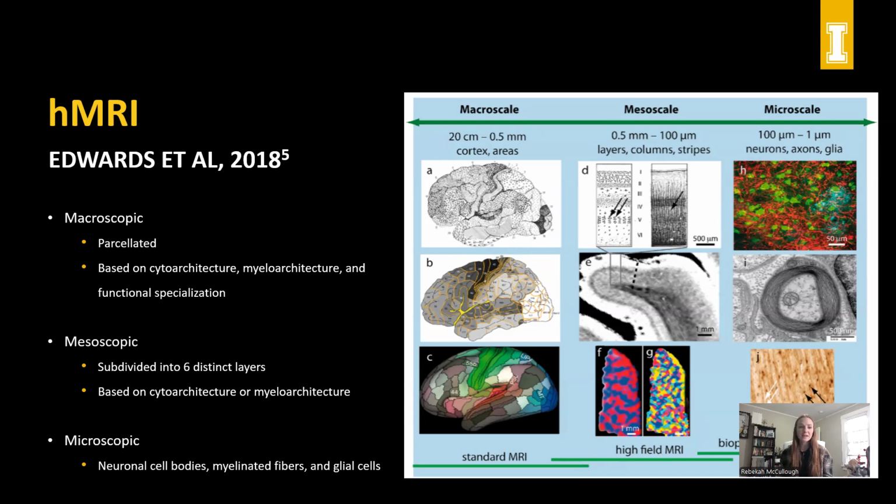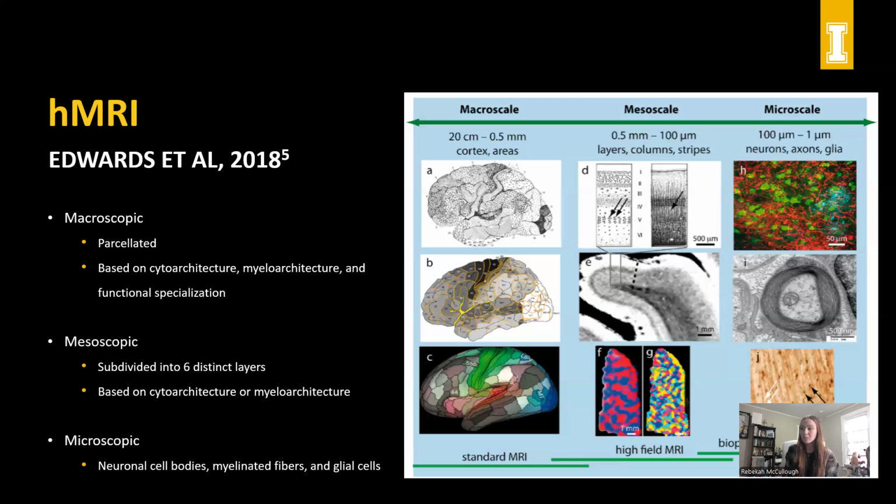So for the macroscopic, it was a parcellated area, and it's based on cytoarchitecture, myeloarchitecture, and functional specialization. Looking first at the top left image, this is the classic cytoarchitectonic parcellation from Brodmann's book in 1909. So that's how it was first described or drawn out.